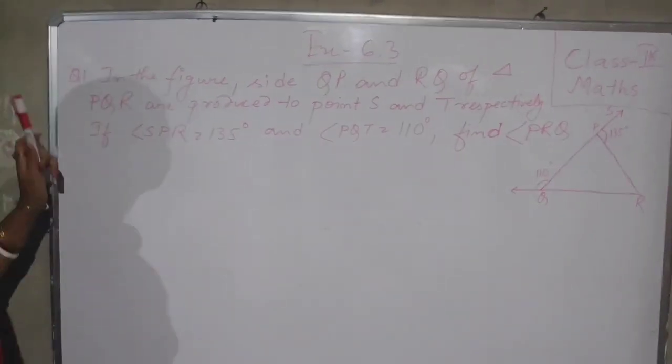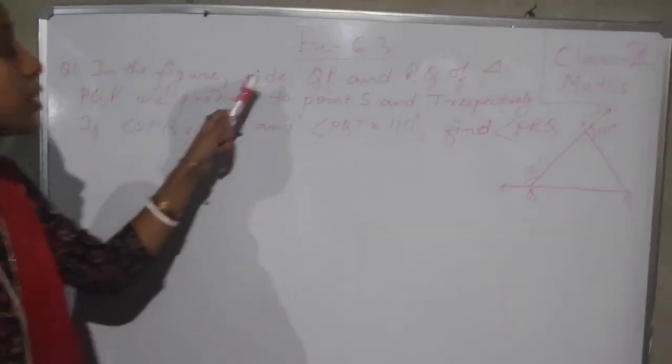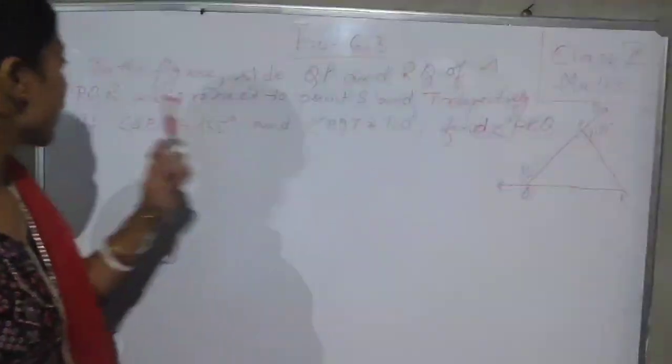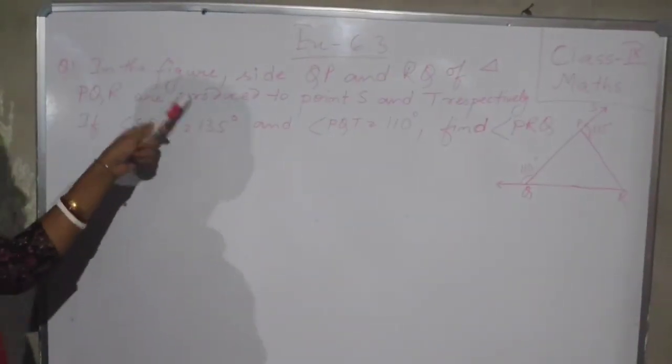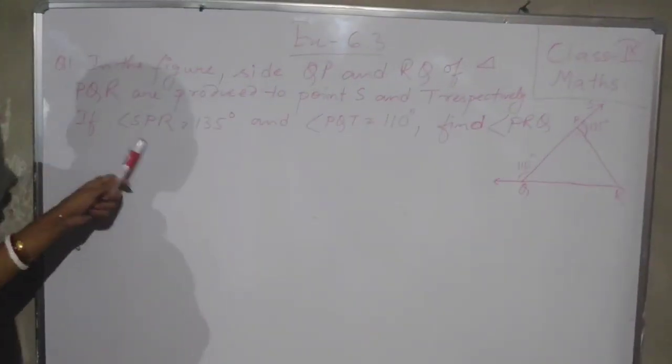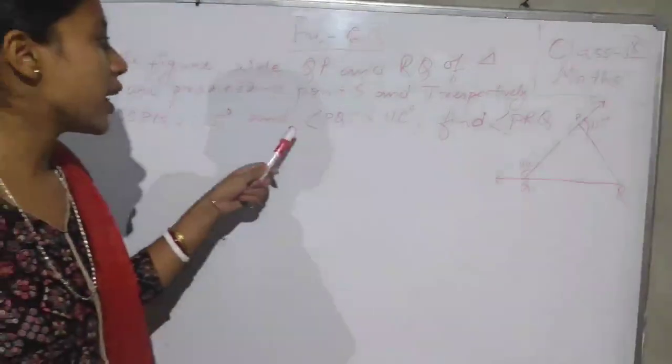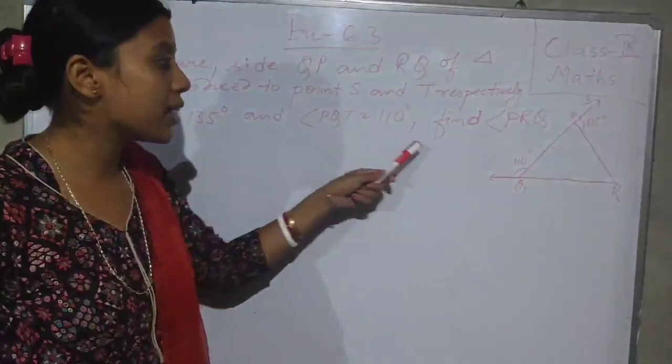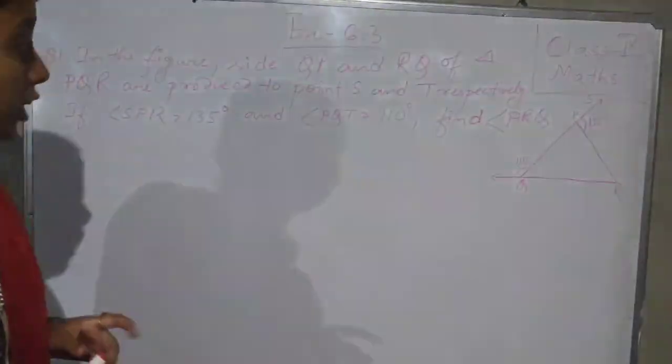First question: in the figure, sides QP and RQ of triangle PQR are produced to points S and T respectively. If angle SPR equals 135 degrees and angle PQT equals 110 degrees, you are to find angle PRQ.